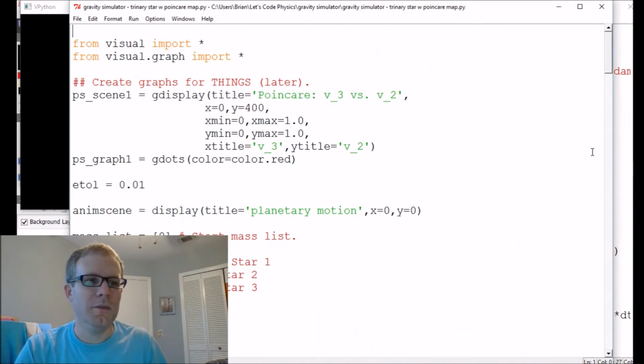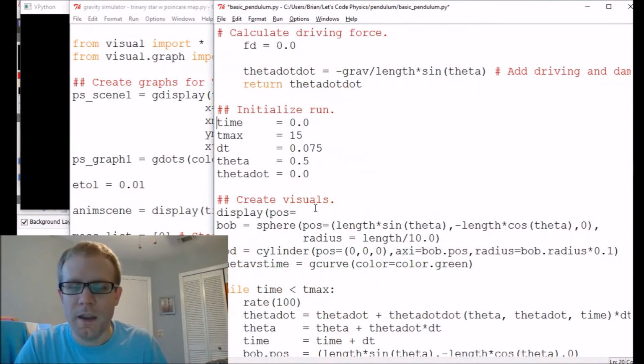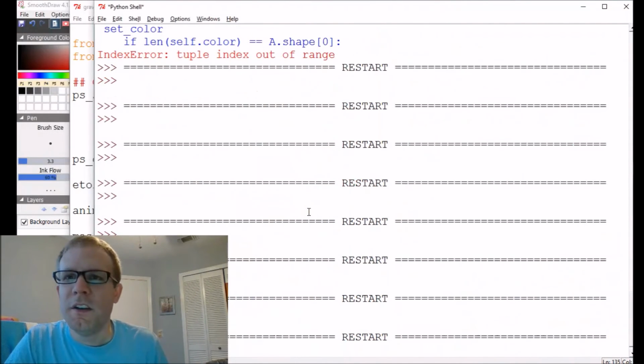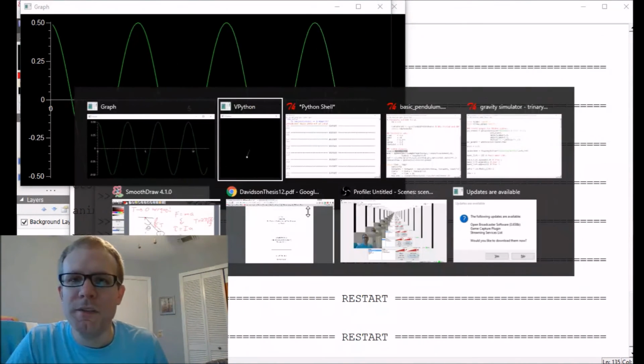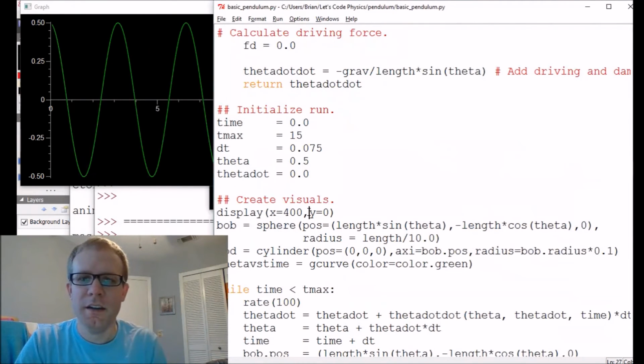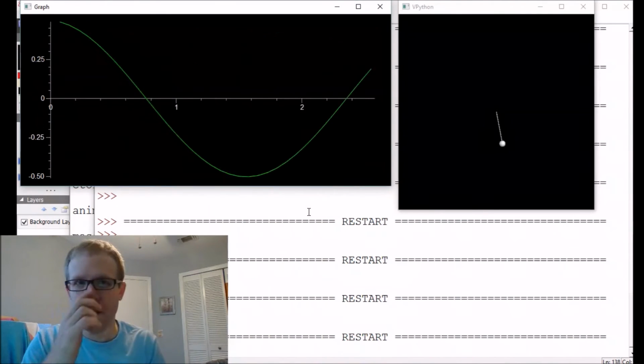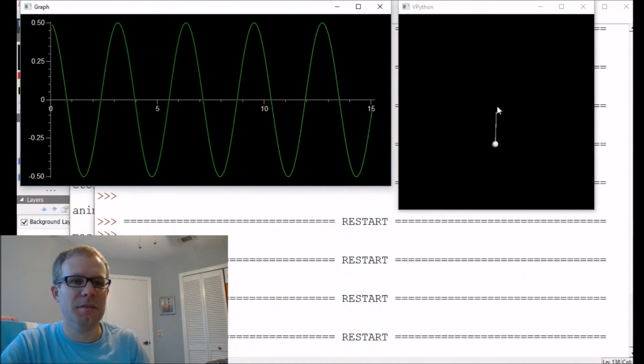Nope, you just change its x and its y. All right, good. My bad. So its x needs to be 400 and its y needs to be 0. I'm going to try to shift it to the right a bit. Almost. Let's make it 800. There we go.